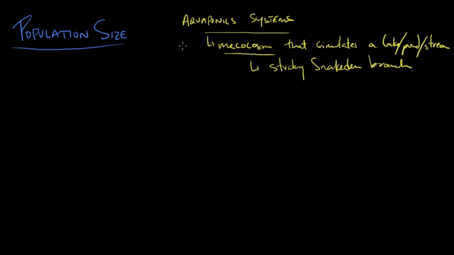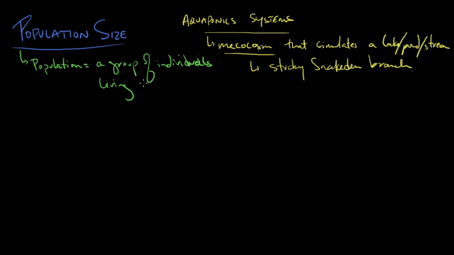So that's an aside, but as far as population size, I think it's important to define population one more time. And this is a group of individuals living in the same place, and belong to the same species.